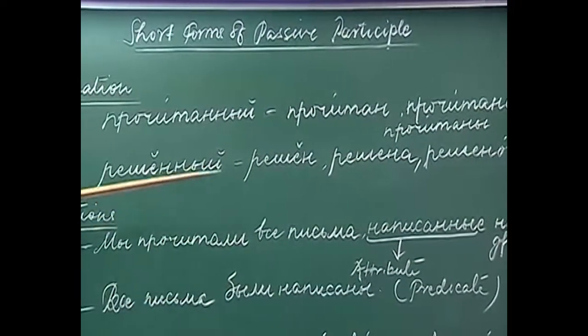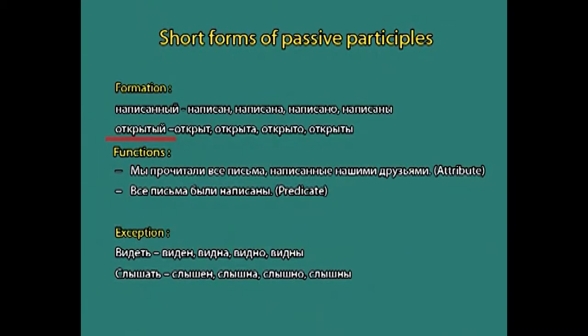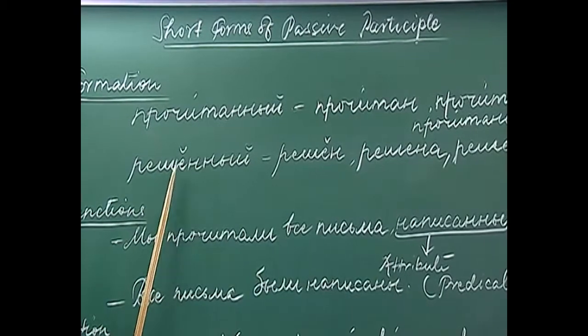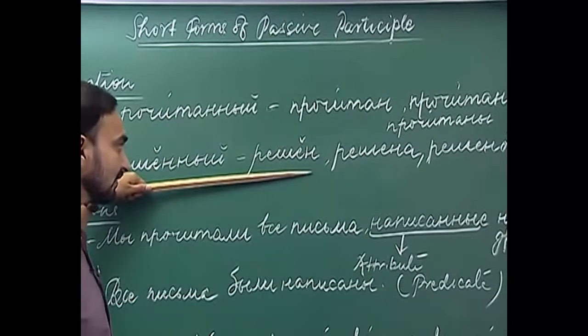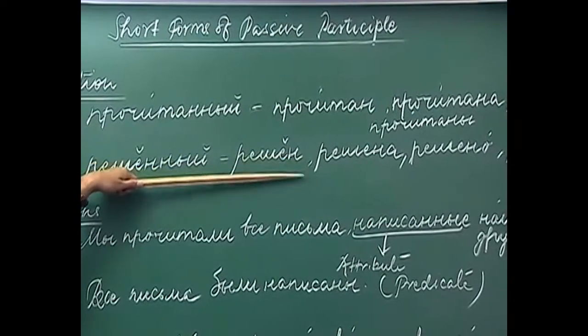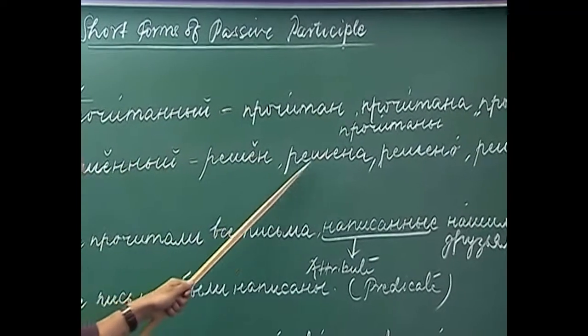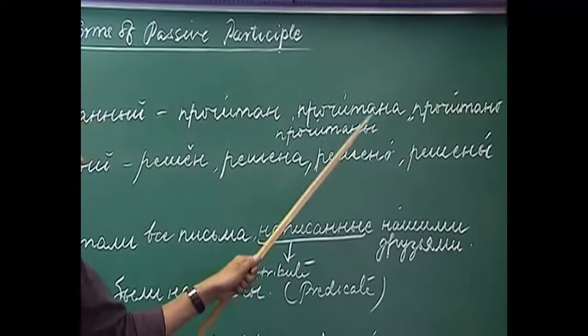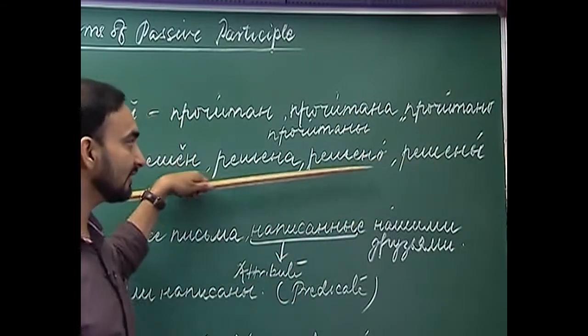But if we talk about the passive participle rishyonni, the stress is on yo, the second syllable. The same stress has been carried forward in the masculine form, but when we come to the feminine, neuter and plural, the stress changes.